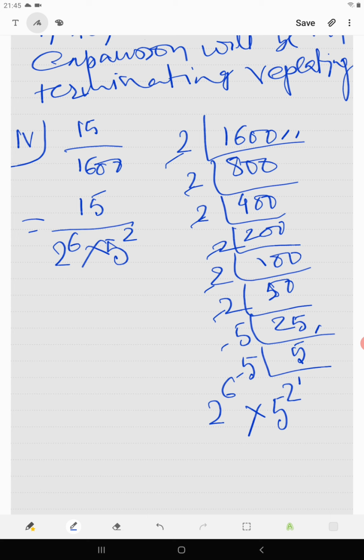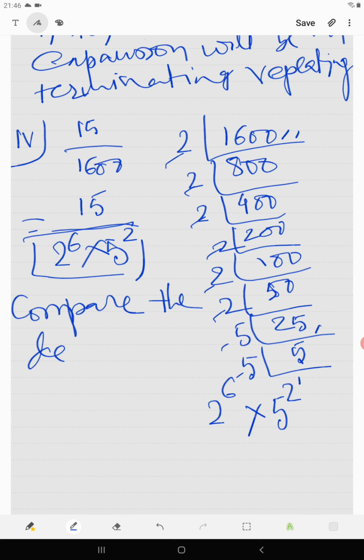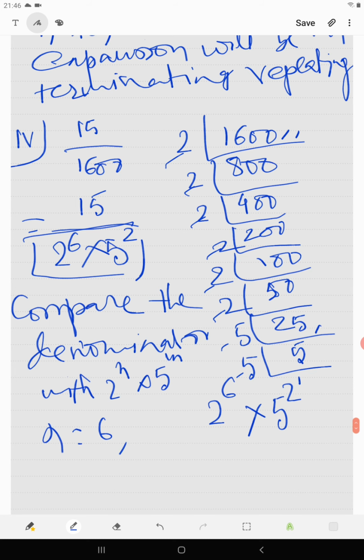Now compare this denominator with 2 to the power n into 5 to the power m. What are we getting? n equals 6, m equals 2, and also n and m are greater than or equal to 0.